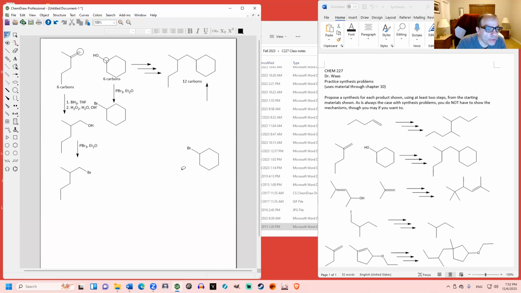So now all we need to do is convert one of the bromides, it doesn't matter which one, to the alkyl lithium by treating with an excess of lithium metal and pentane.